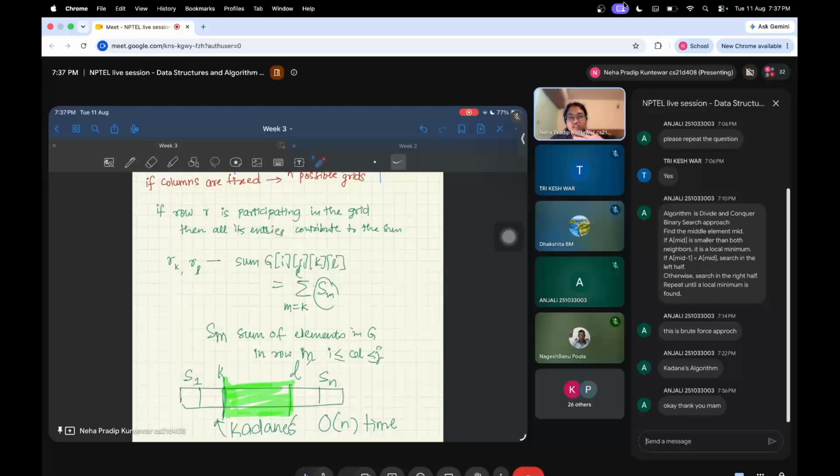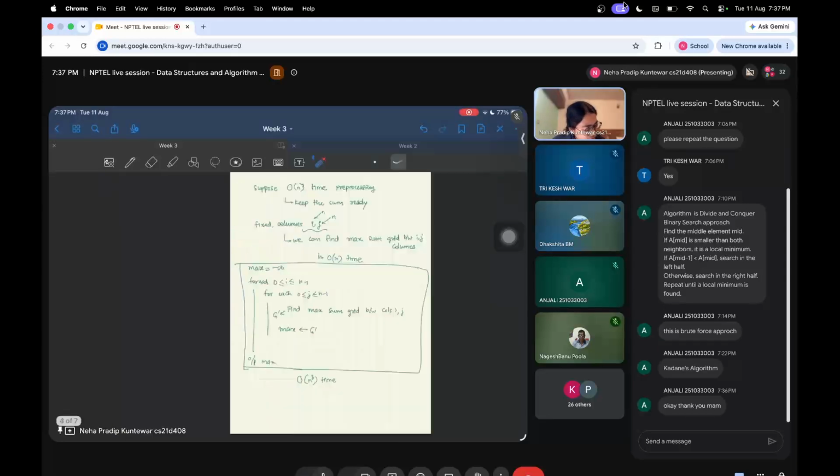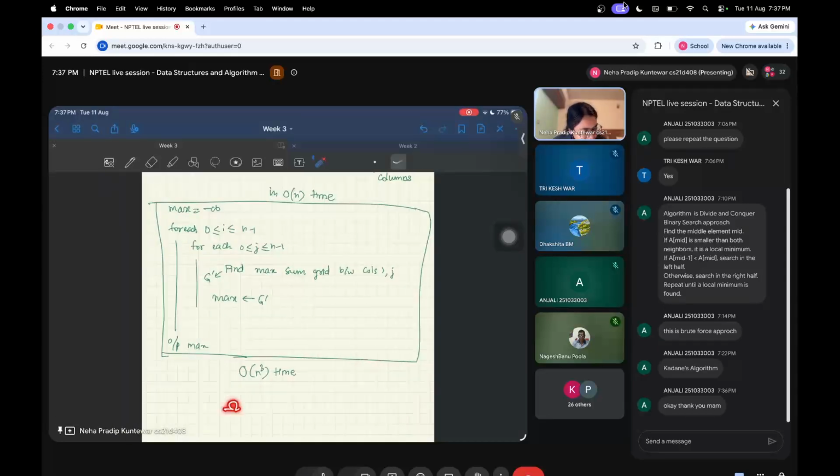So for example, if all the entries are positive, there are no negative entries, then what is the maximum sum? You take the entire matrix. So that means you have to look at every entry at least once. So the lower bound trivially should be omega n square, because you need to look at every element.